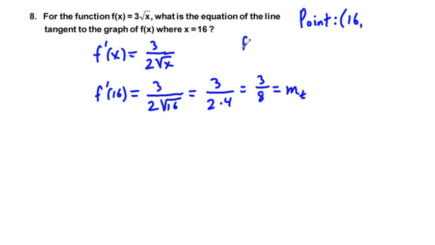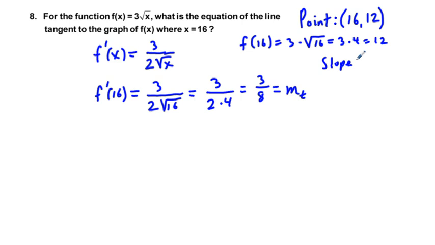So f of 16 is equal to 3 times square root of 16, which equals 3 times 4, which equals 12. So our y-coordinate here is 12, and the slope is m sub t equals 3/8.